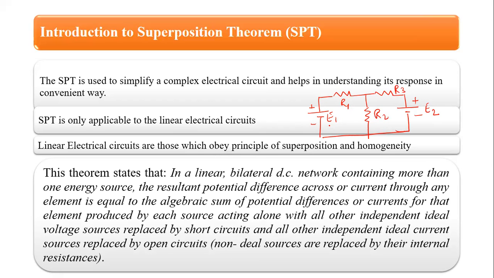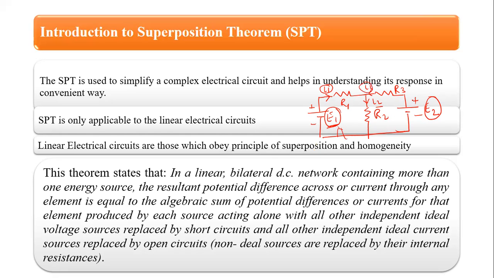Now as per the statement of this theorem, let us say the current in this branch is I1, the current in this one is I2, and the current in this one is I3, for example. So this I1 is not because of E1 only, it is because of E1 as well as E2. I2 is because of both sources.